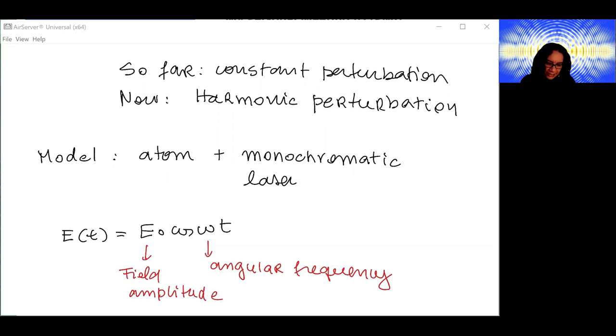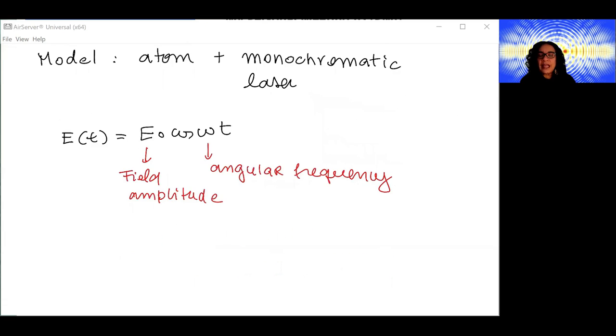As we can clearly see, this is a function of time. So what we would like to do next is write the interaction Hamiltonian for this system.